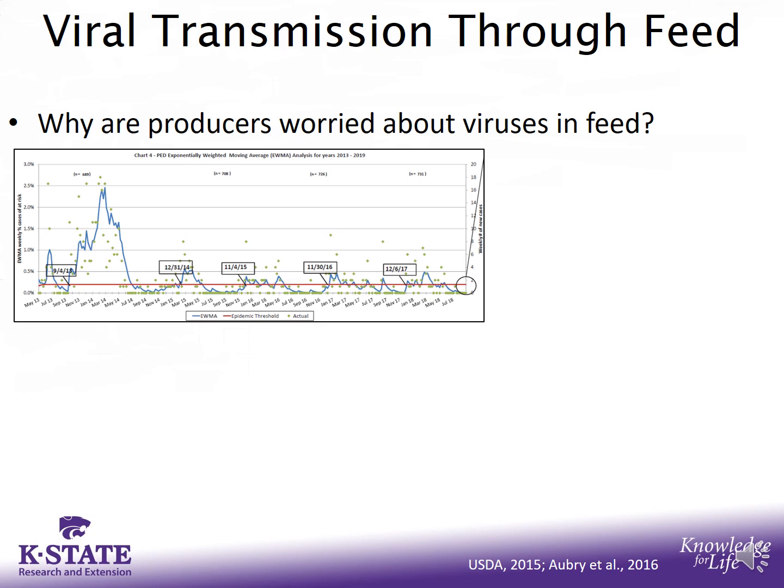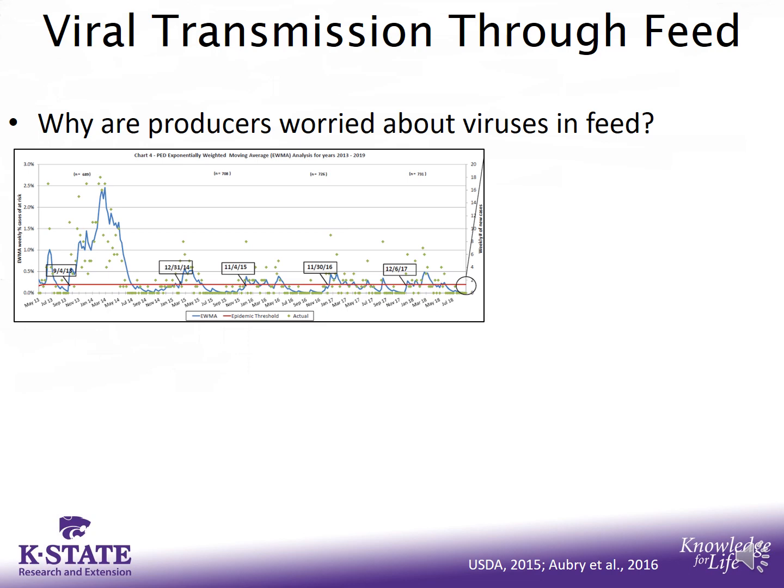Along the y-axis, you can see new cases of PEDV that had been reported, and along the x-axis, we have time from May of 2013 through the current time period in September of 2018. You can see that in May and then again in the following winter, especially in January through March of 2014, we had a huge increase in the number of PEDV cases throughout the United States.